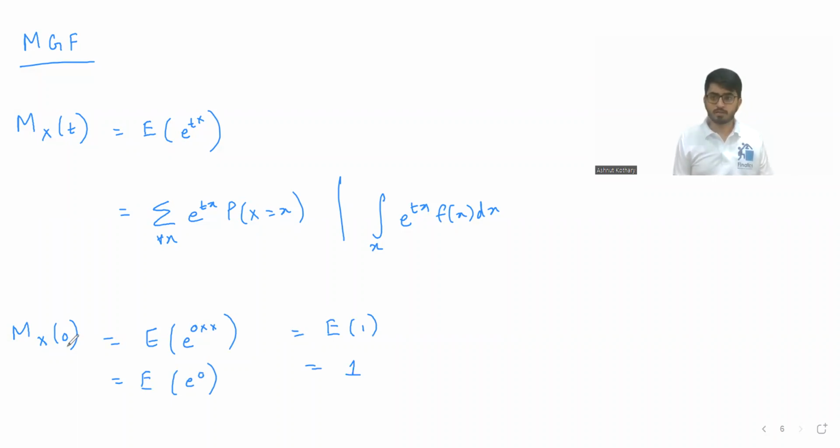Instead of t, I am putting the value 0. So 0 into x is 0, e to the power 0 is 1, expectation of a constant is nothing but 1. You can also see from here, if I put t as 0, this becomes nothing but e to the power 0, which is 1. So I am integrating the PDF over its entire range, the value of which is 1. So the result which we use is M_X(0) is equal to 1.